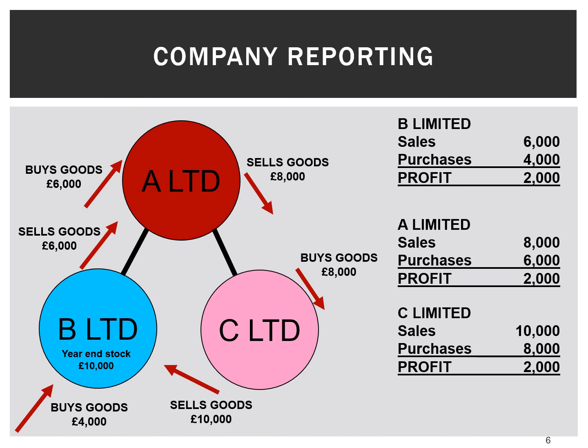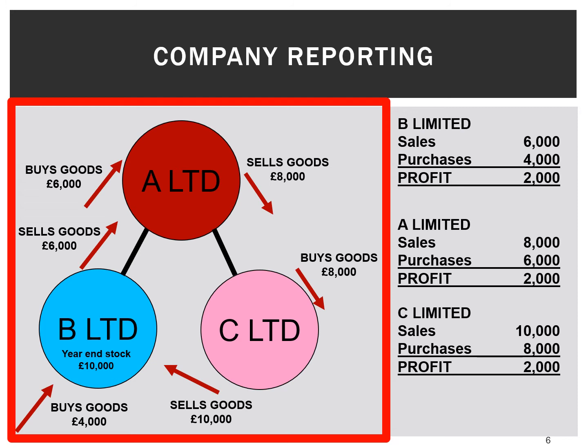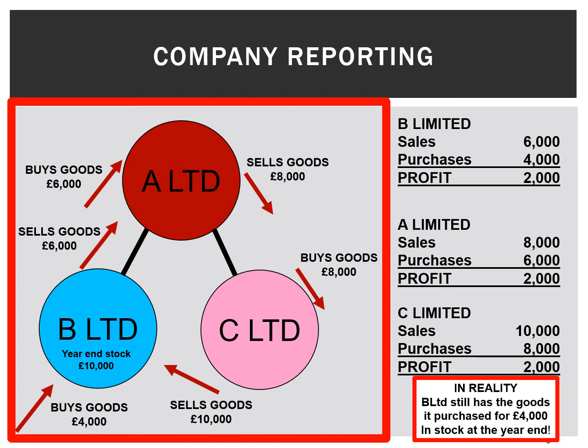So if we look at the individual accounts, we might be led to believe that we've made a profit during the year of £6,000. But if we own all three of those companies, if we own A Limited, B Limited and C Limited, then in actual fact we've made no profit at all. The reality is that the goods that B Limited originally purchased for £4,000 are still on B Limited's shelves at the end of the year.